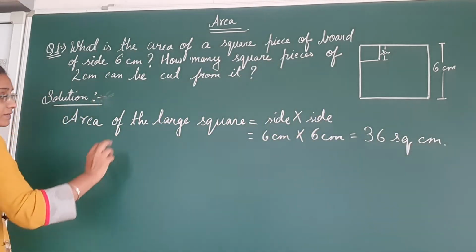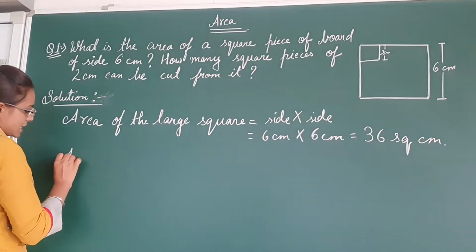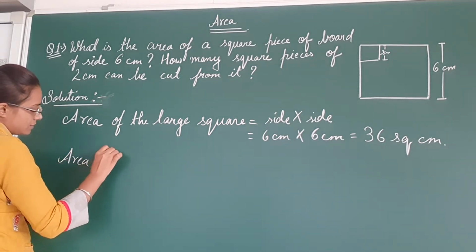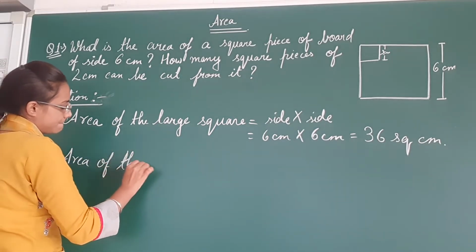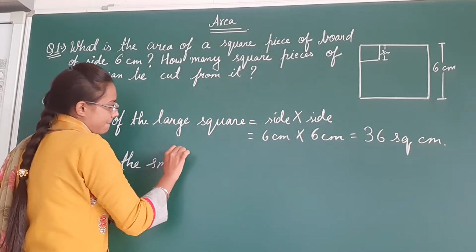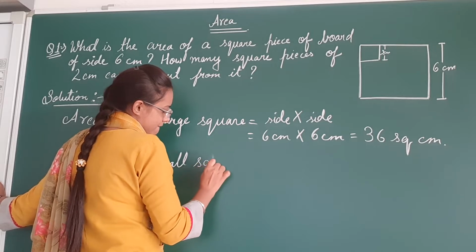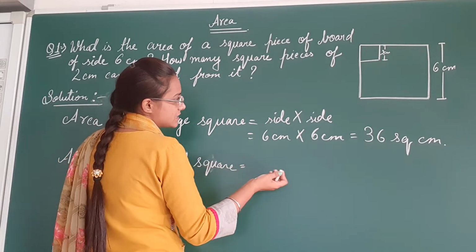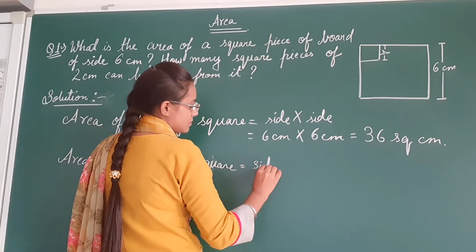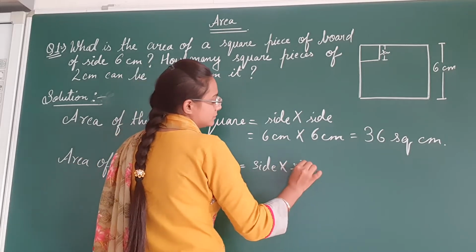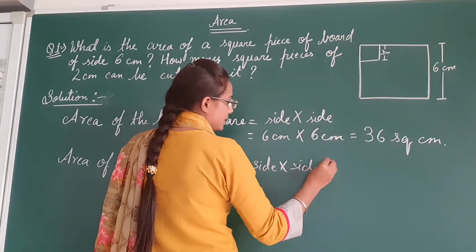Then we will find out the area of the small square, that is equal to side into side, and here it is 2 centimeter.